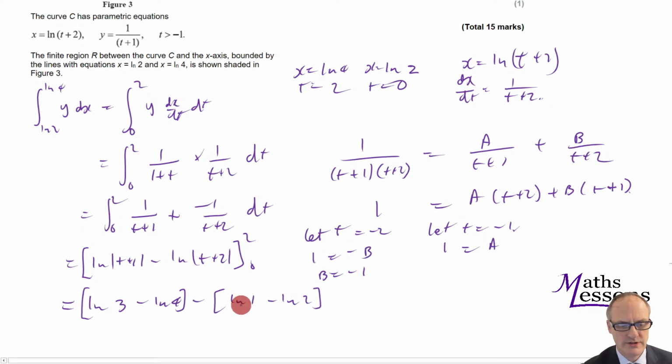Now natural log of 1 is just 0, so we can ignore that. So we get natural log of 3 minus natural log of 4, so we're going to put the 4 on the bottom, if you remember your logarithm formulae. Then we've got a plus natural log of 2, so that ends up being times 2 on the top. So therefore our answer comes out as natural log of 3 over 2.